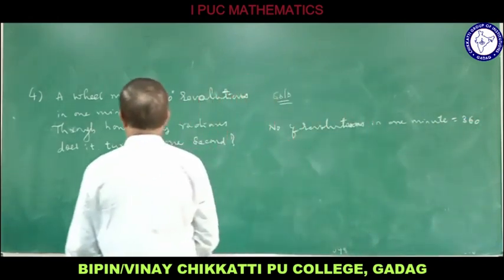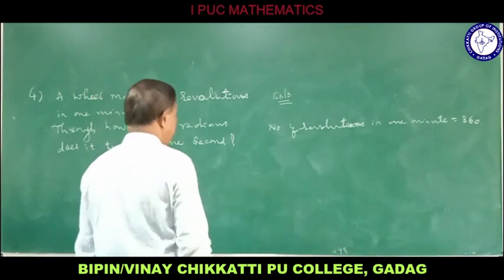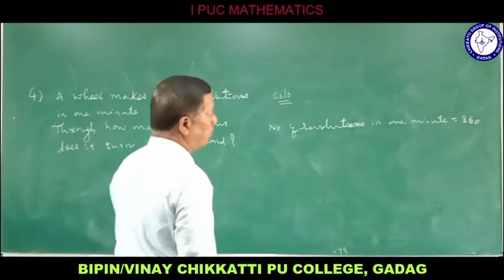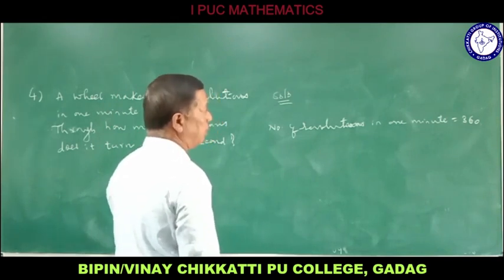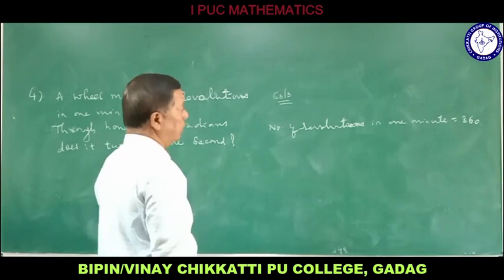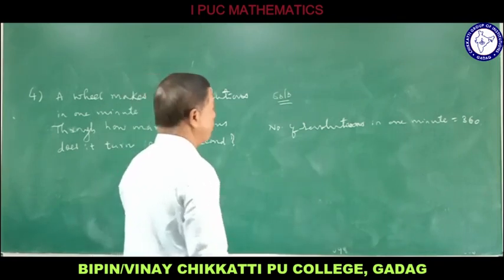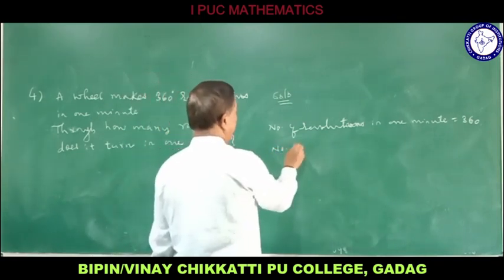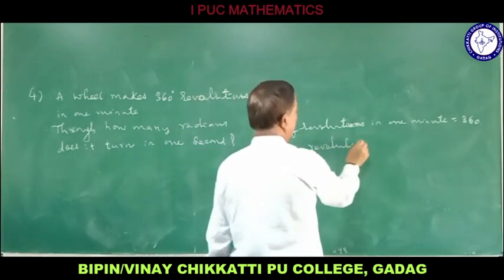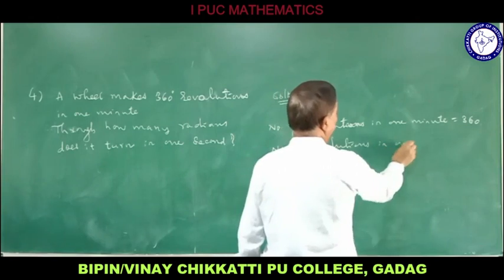Look, a wheel makes 360 revolutions in 1 minute. What have I written here? Number of revolutions in 1 minute is equal to 360. The question is the number of revolutions in 1 second.